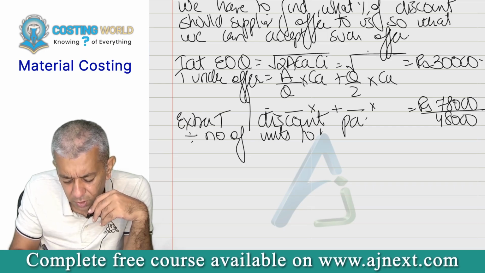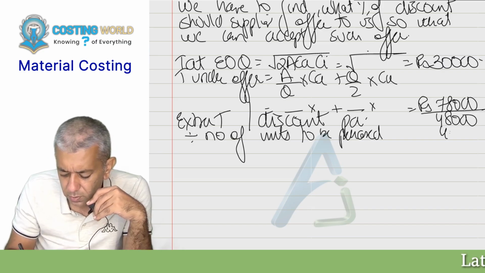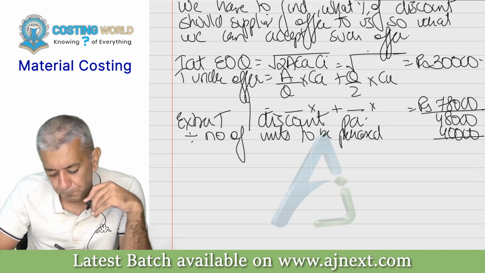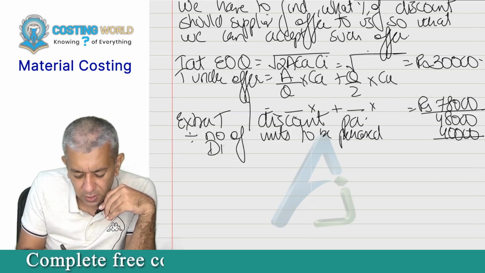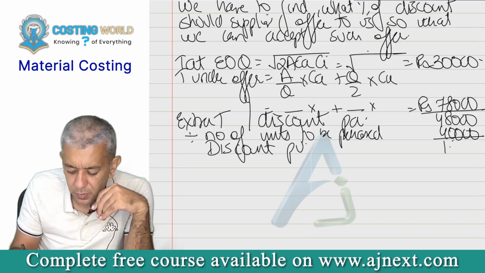40,000. Number of units to be purchased. So this will start to give you discount per unit 1.2.